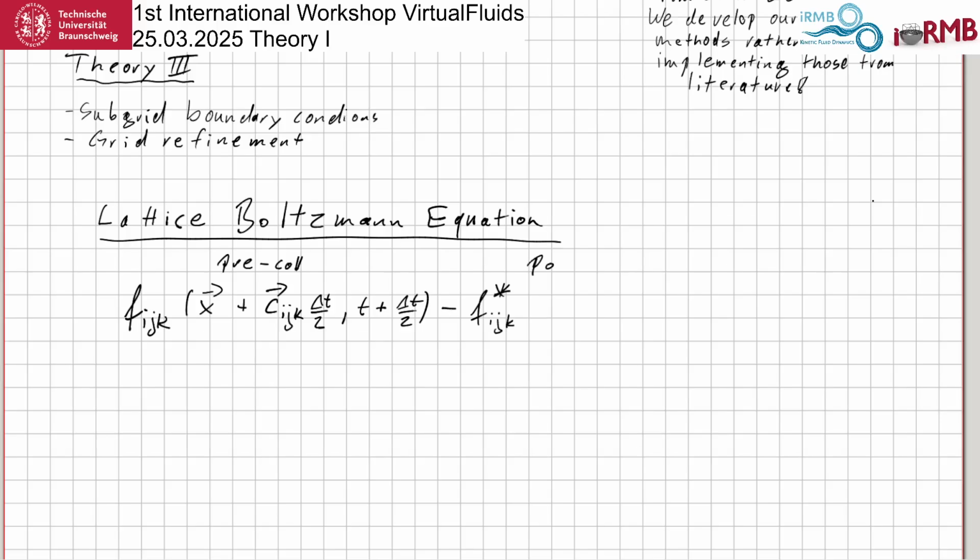So this is the post-collision state at the location x minus staggered, velocity delta t half, and half a time step before.